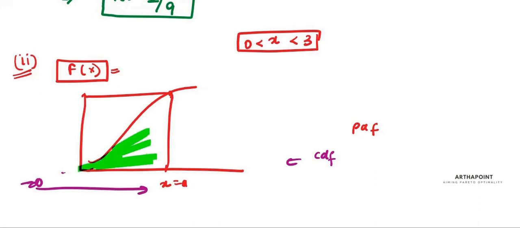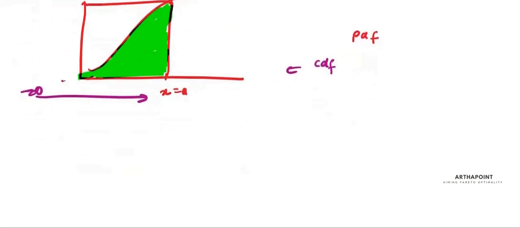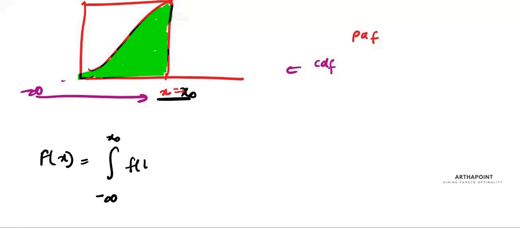So you find the area under the curve. Usually to find the CDF till any value x equal to x naught, you integrate the function from minus infinity to x naught, f of t dt. This is what we do.